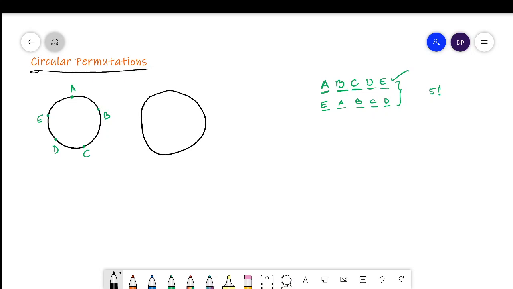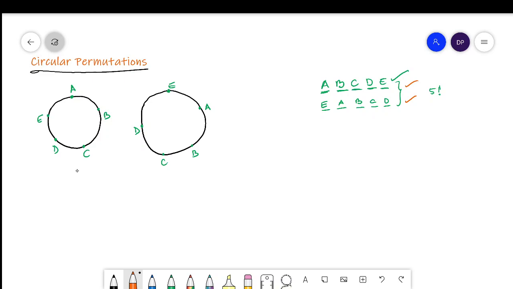So here again, it starts with E, then we have A, B, C and D. So when we looked at the linear arrangement, these two arrangements looked different and were distinct.